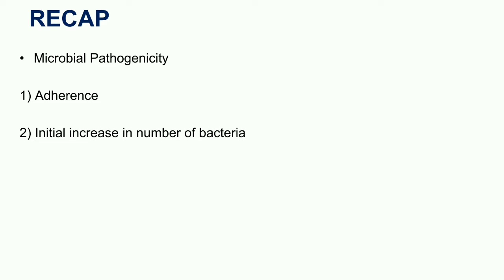Second was to increase the initial number of bacteria at the site of adherence so that they can colonize in that specific tissue or cells. The third step was synthesis of invasins to invade inside the tissue and get entry into the bloodstream.